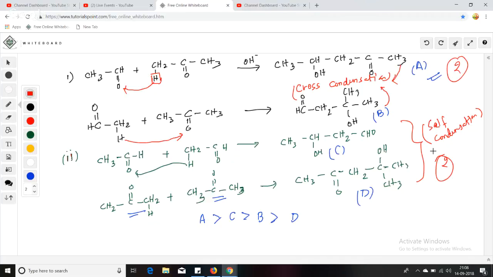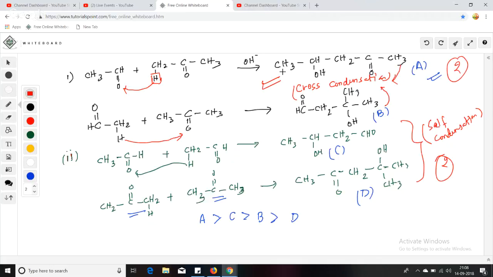Total 4 products we get. But if the question does not mention the number of products and just asks what will be the product in this reaction, then our answer will be the first one, because it is the major product. So these are the basic, important reactions we have for aldol condensation reaction.